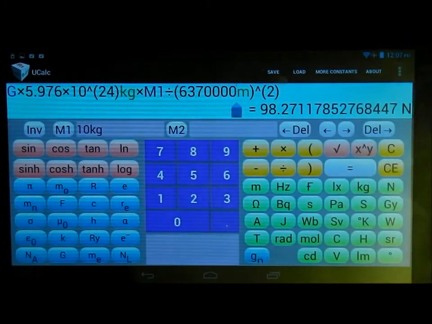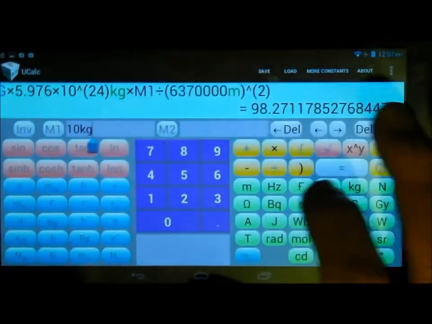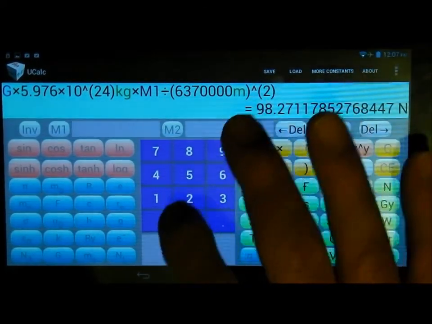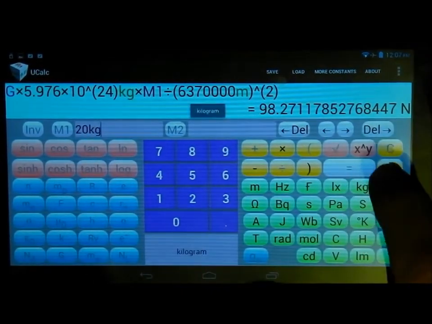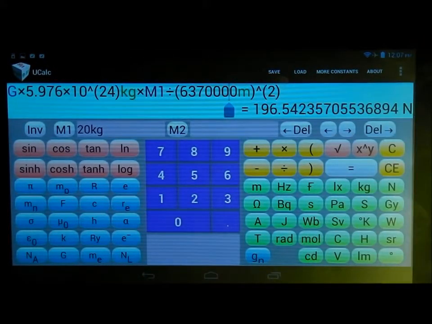Then when we calculate, instead of 10 kilograms, I'll put a different value in, 20 kilograms say, and then when we do equals, we get the answer 196.54 and so on, newtons.